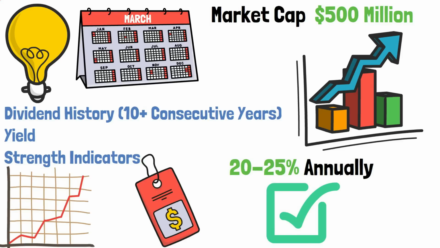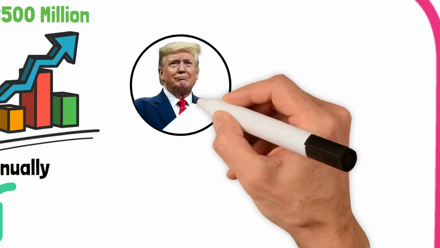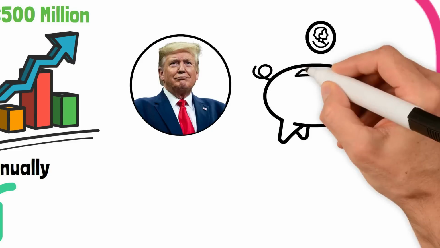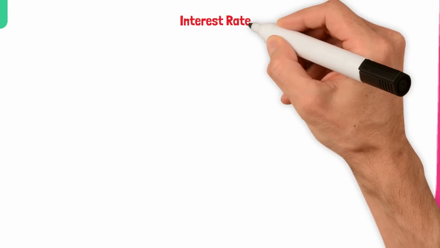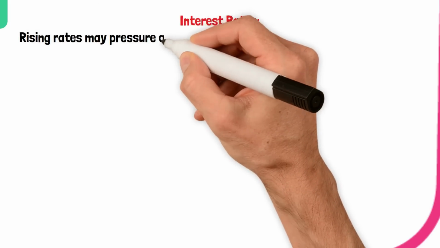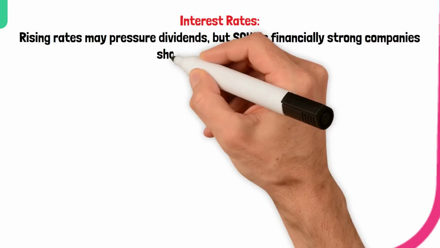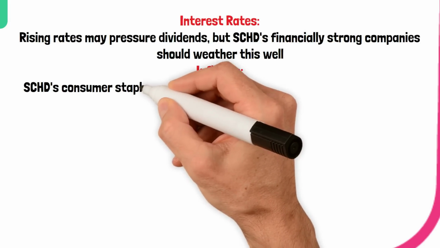fundamentals deteriorate significantly. Future outlook: recent tariff wars have created market volatility and valuation disconnects, perfect for dividend investors seeking undervalued stocks. Key factors impacting SCHD going forward: interest rates. Rising rates may pressure dividends, but SCHD's financially strong companies should weather this well. Inflation.